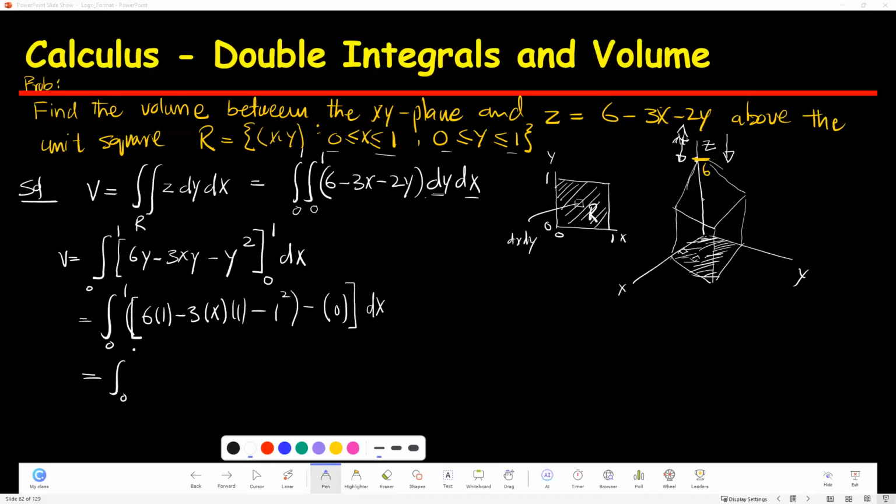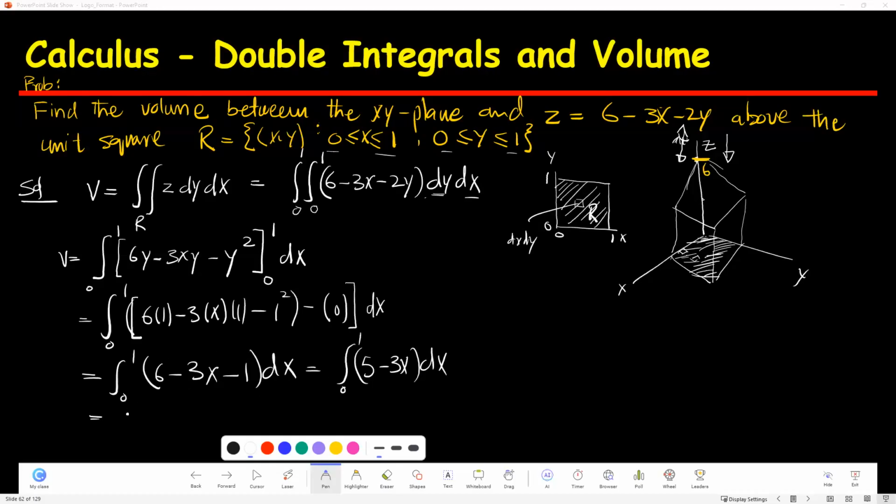It's going to look like the integral from 0 to 1 of 6 minus 3x minus 1, dx. If you solve further, you can make it 5 minus 3x, dx.